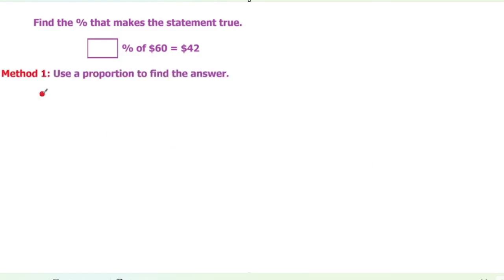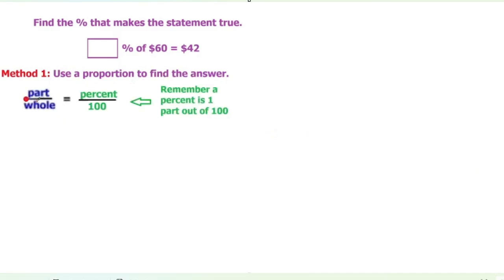First method, we're going to use a proportion to find the answer. We know that the part over the whole equals the percent over 100. Remember, a percent is one part out of 100. So we're trying to find the percent out of 100 for this number. The whole is 60.